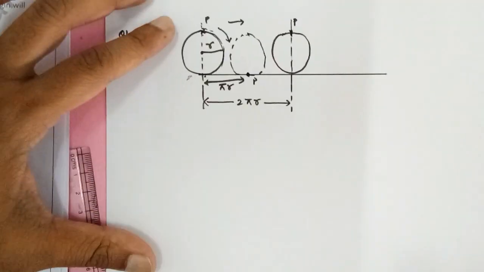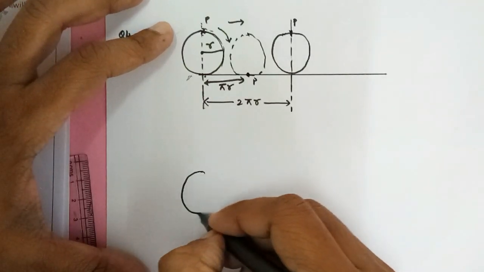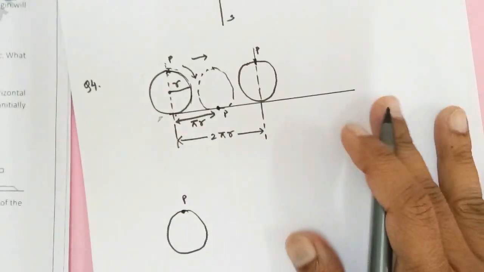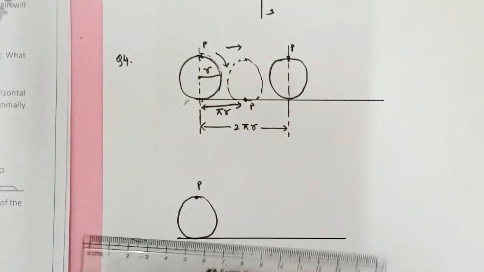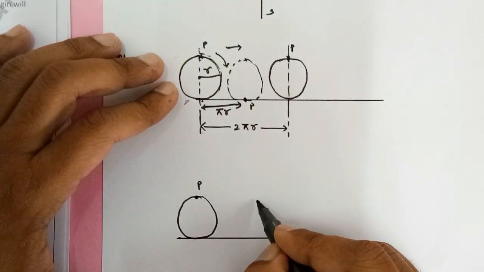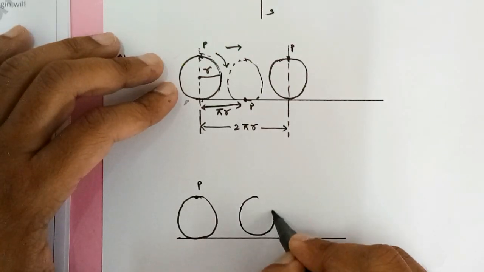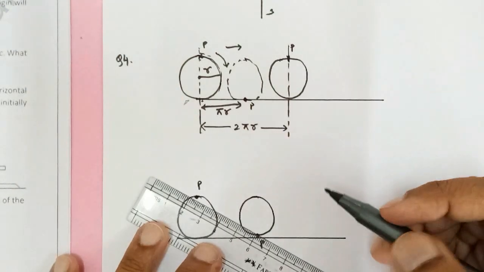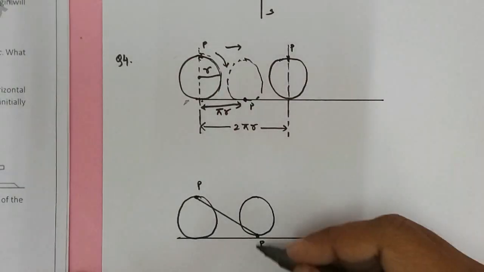So the same question was being asked over here, but it was displacement. So let's do this. This is the wheel, this is point P, the starting point, and after finishing half a revolution, since it is also moving ahead, the wheel reaches over here, and point P comes over here. So the displacement is this, correct?